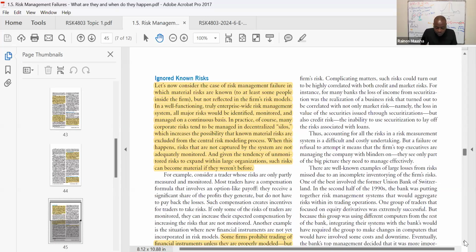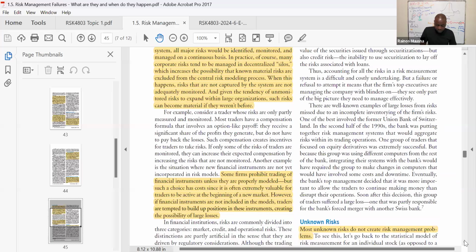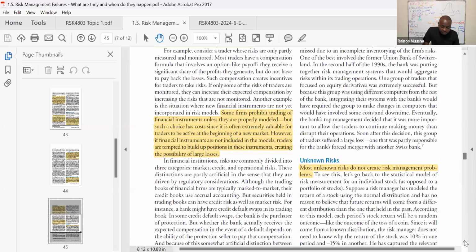And given the tendency of unmonitored risk to expand within the organization, such risks can become material if they weren't before. So some firms prohibit trading of financial instruments unless they are properly modeled, but such a choice has costs since it is often extremely valuable for traders to be active at the beginning of a new market.